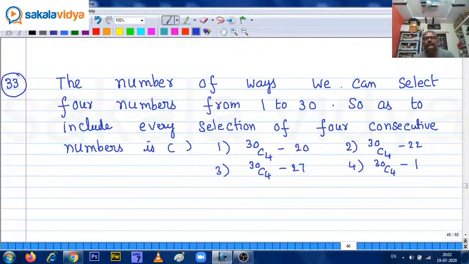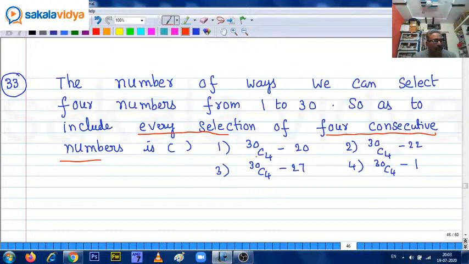First find it without the restriction, next with the restriction.